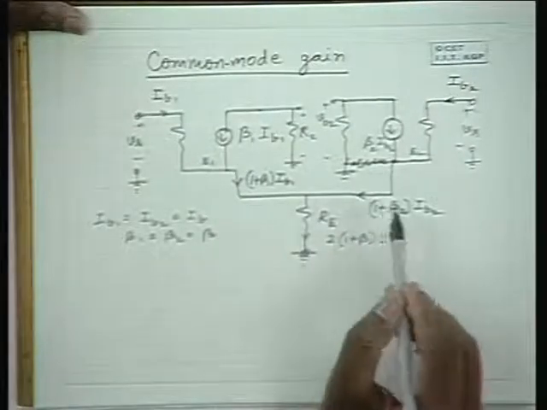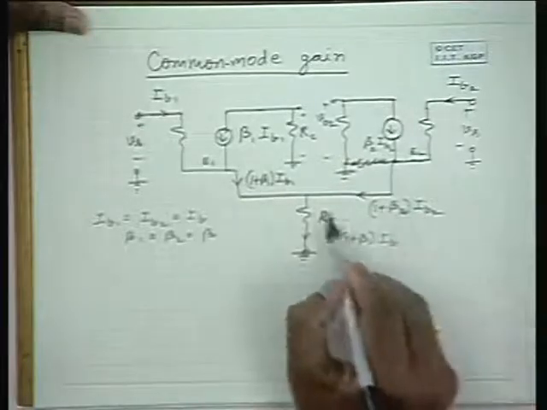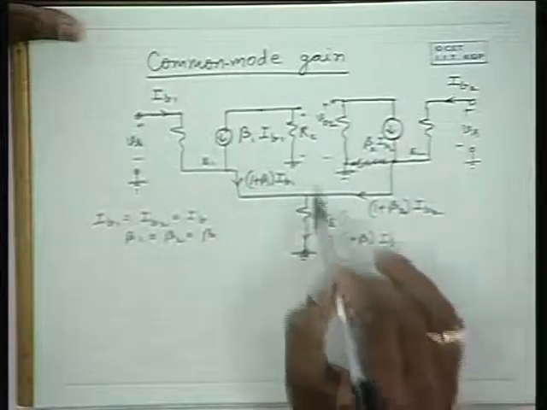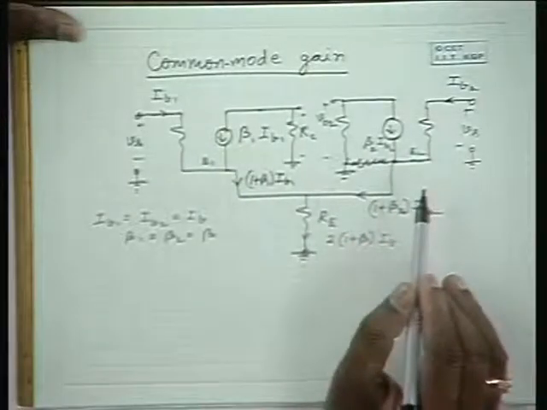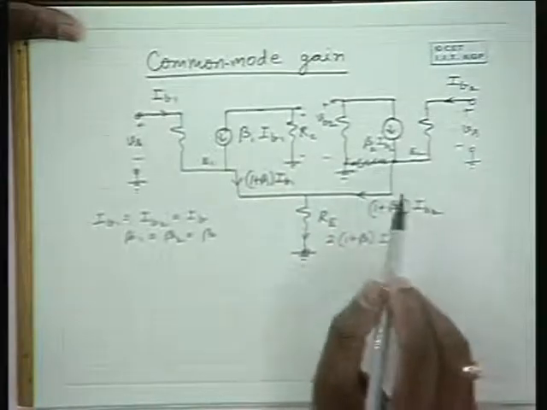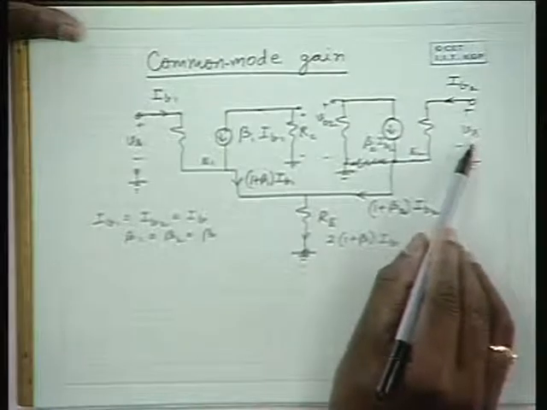The same thing can be obtained with this current equal to 1 plus beta IB itself, but the resistance equal to 2 RE. Hence, if you analyze this side, it is clear and good enough, and one can determine an expression for an output voltage in terms of the input voltage Vs.